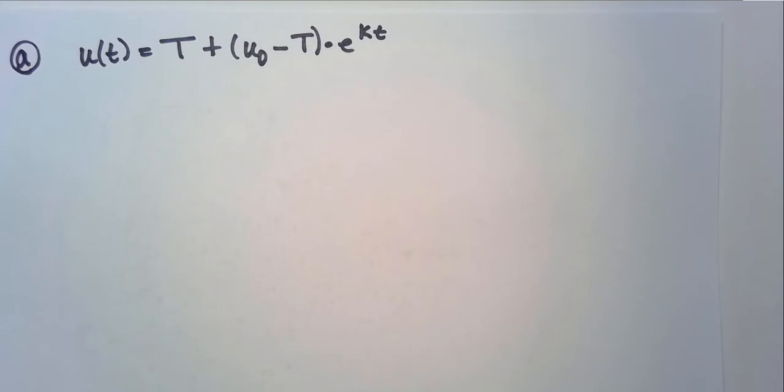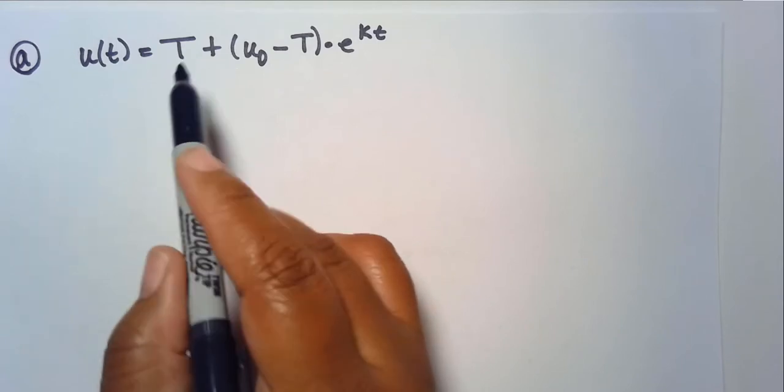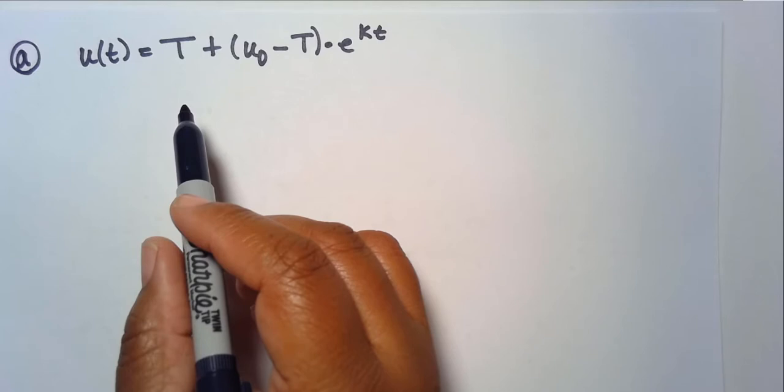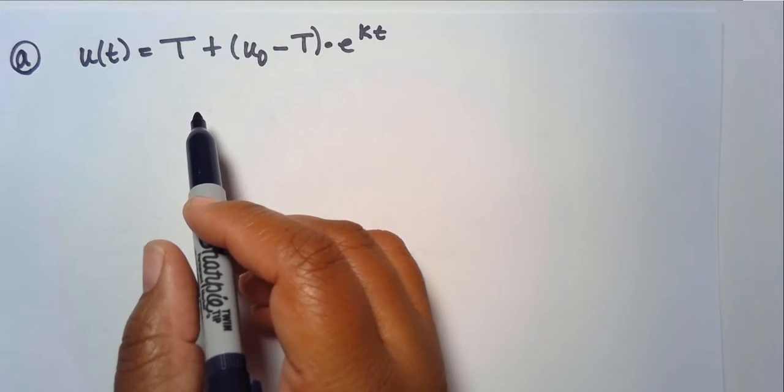So our goal is to plug in the values so we can bring this formula down to something simple, as we did in the previous examples where we talked about growth and decay. So what's given? Let's go back to the story.